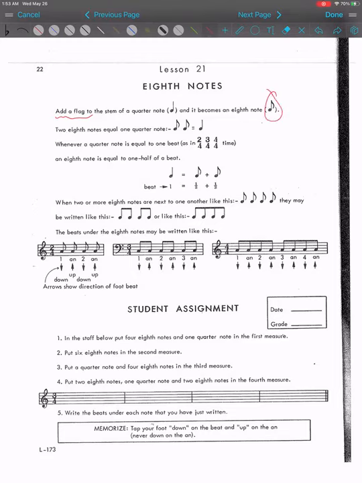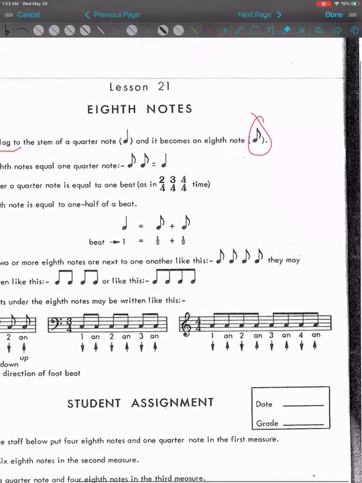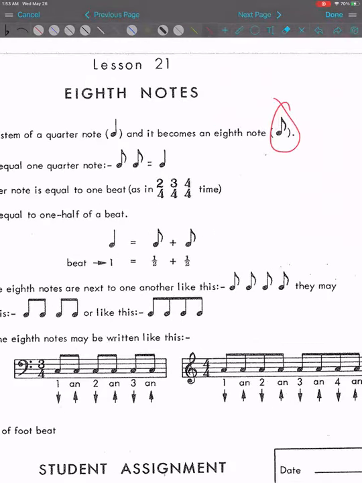The one introduced here is the stem going up, right? There's also the other way, and remember, the flag is always going to the right. So when you have a stem coming down, when the notes are higher on the staff, your flag is still going to the right. It doesn't go this way.